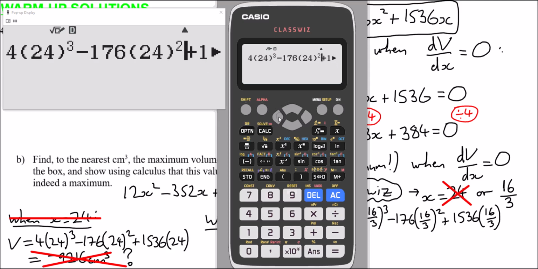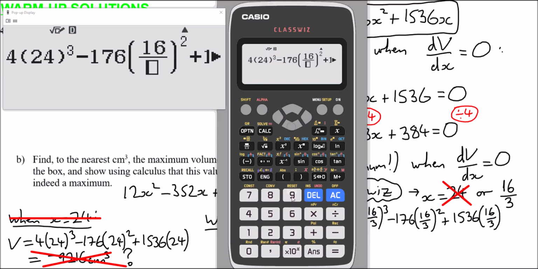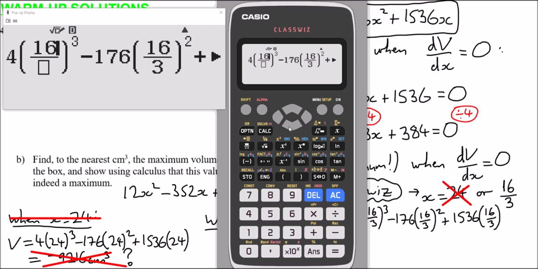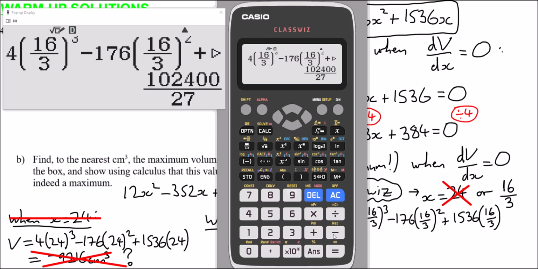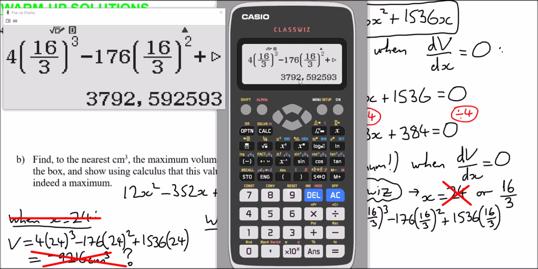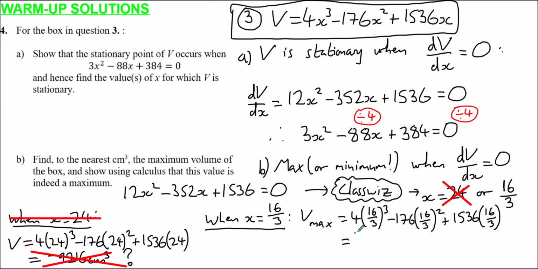This time I'm not squaring 24, I'm just going to square 16 over 3. And here I'm going to be multiplying that by 16 over 3. Press equals. Awful looking number, but press SD. 3792.5-ish. We say here to give it to the nearest cubic centimetre. So to the nearest cm cubed, it's going to be 3793 cm cubed.